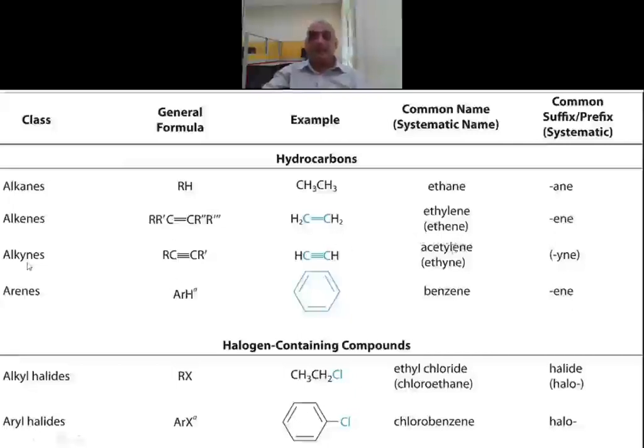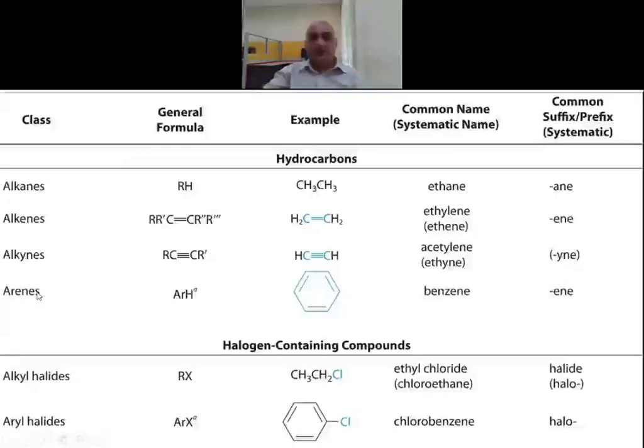Similarly, if a compound contains carbon to carbon atom a triple covalent bond, they are called alkynes. Here we have the example of ethyne, and the name of the compound ends at yne.